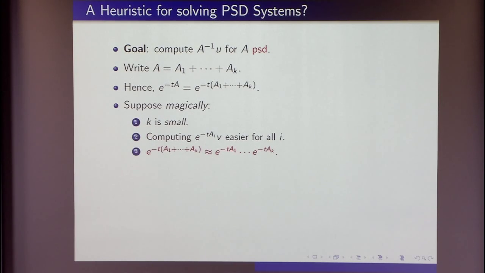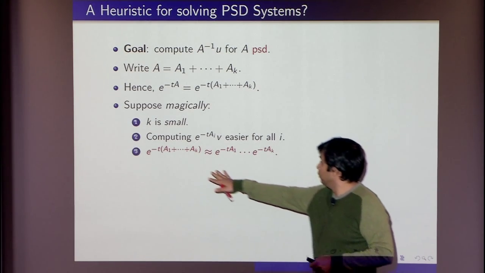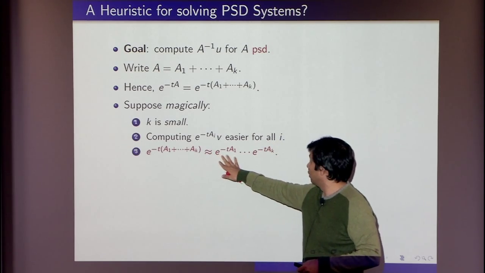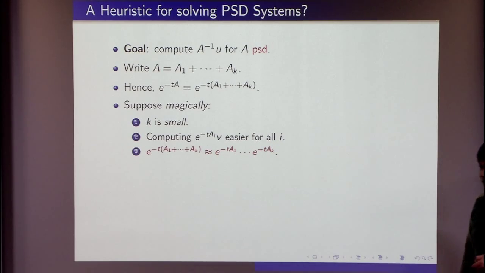And let's say something like this holds. This kind of approximation definitely holds in the scalar world. So let's, for a moment, assume that this holds in the matrix world as well, that you can write this matrix exponential as a product of these matrices.